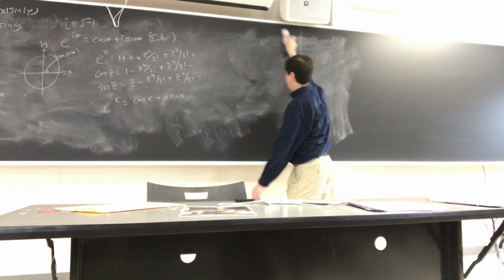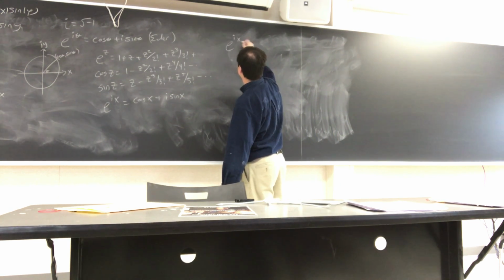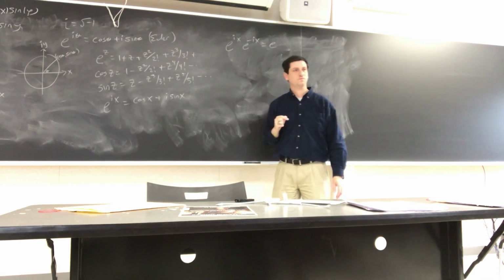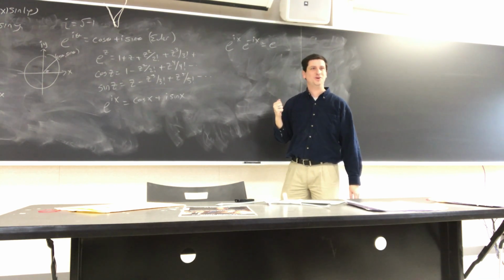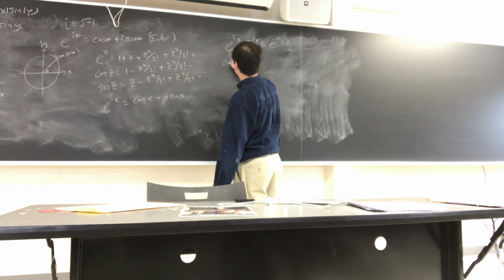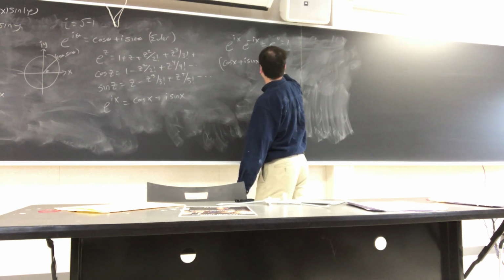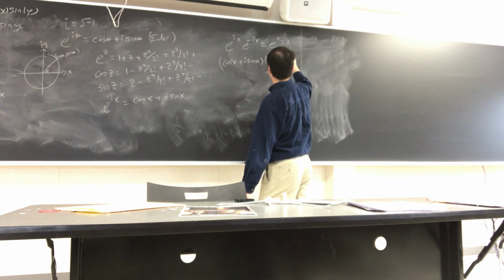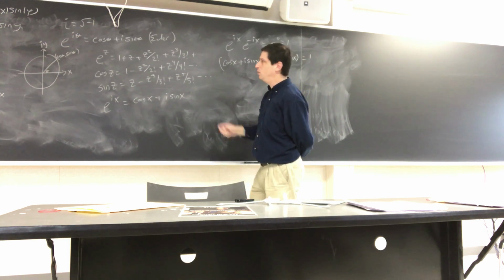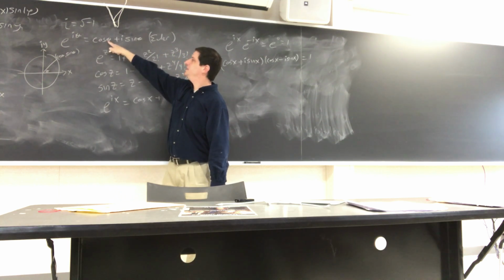All right. So e to the ix times e to the minus ix is e to the what? We're going to go fast, guys. Come on. Is what? e to the 0, which is 1. This is cosine x plus i sine x times cosine x minus i sine x equals 1. And what I'm doing here is, if I put in a negative sign, I get cosine negative theta.